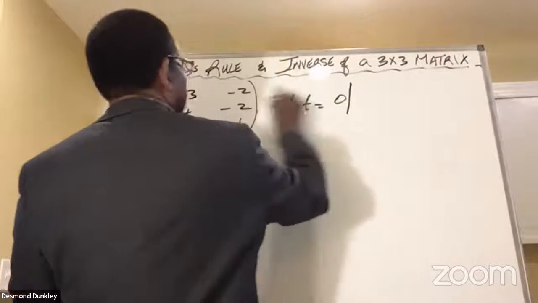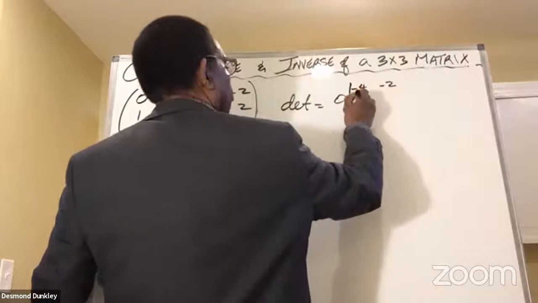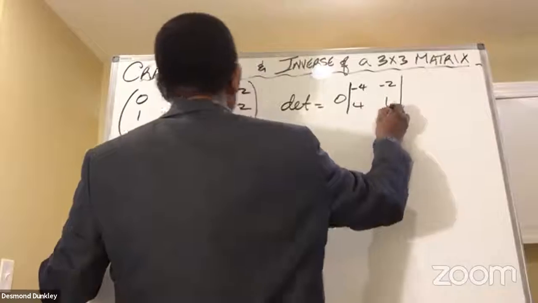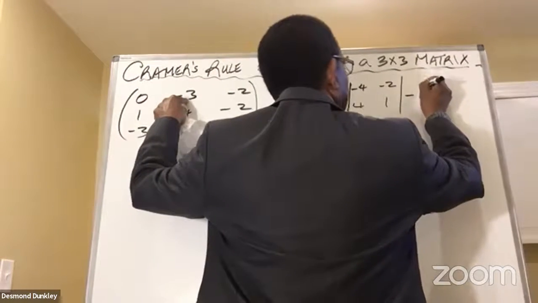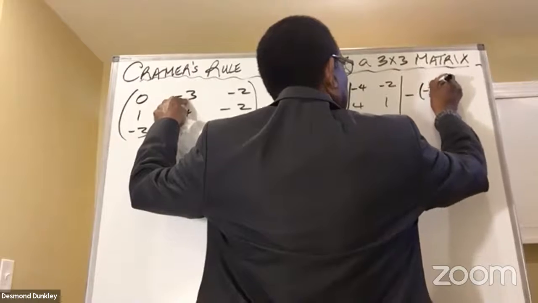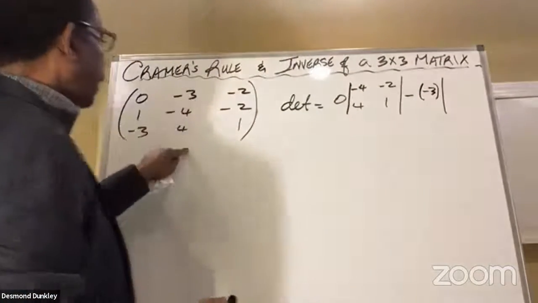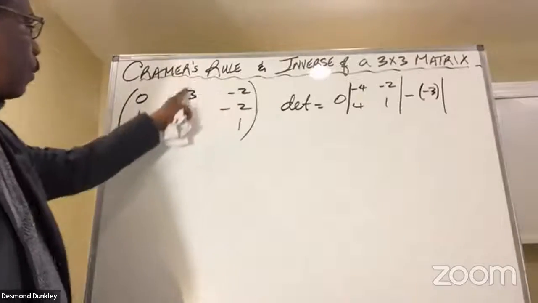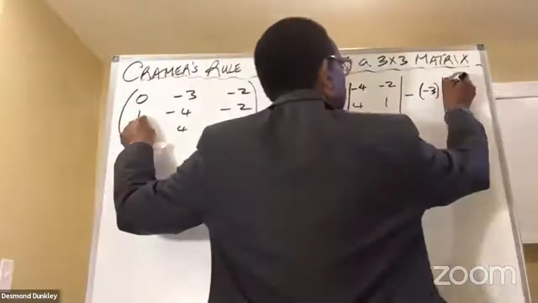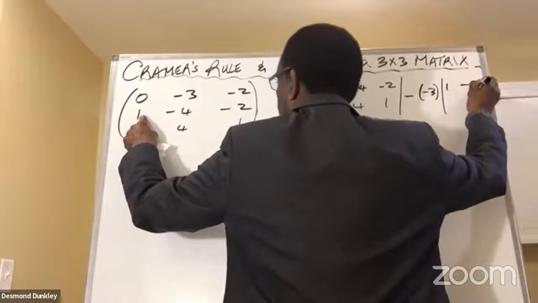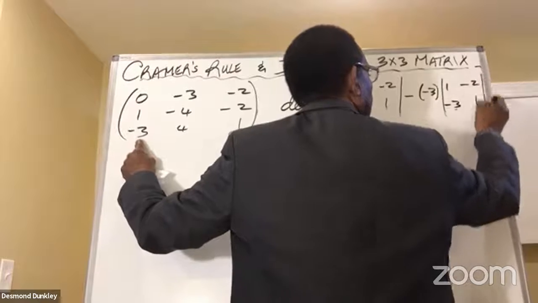And you're going to find the determinant of this: -4, -2, 4, 1. Then it's going to be minus. So the minus, cross this column out and this row, so you're left with 1, -2, -3, 1.